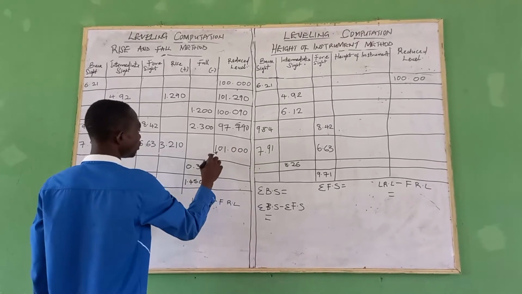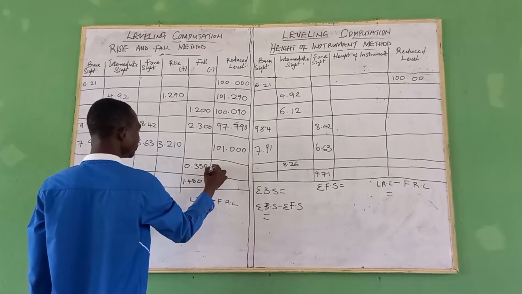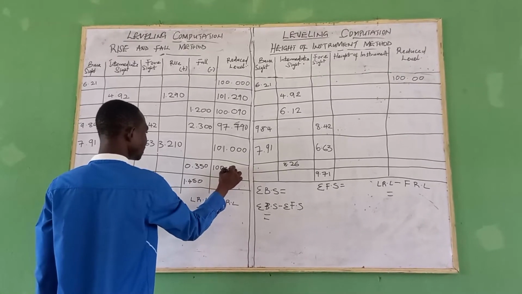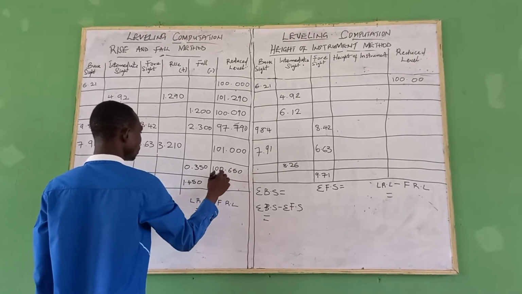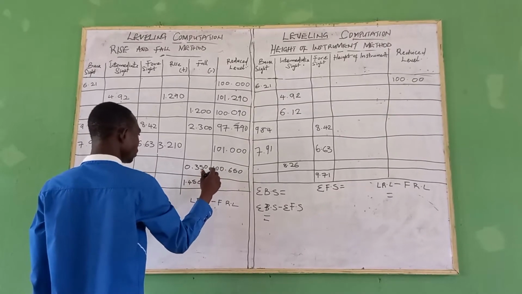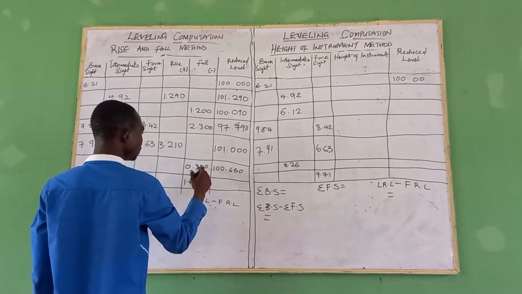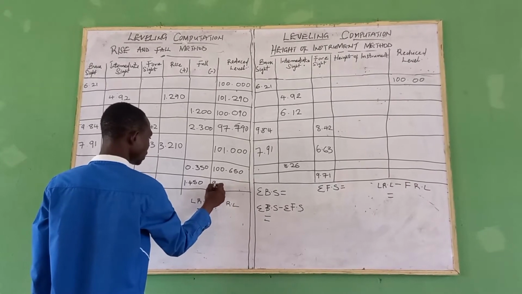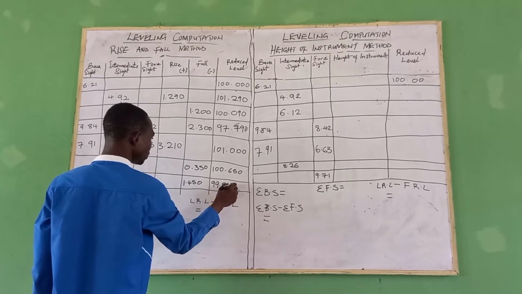This from this, what do we have? 100.650. Then the last reduced level, this from this, what do we have? 99.200.